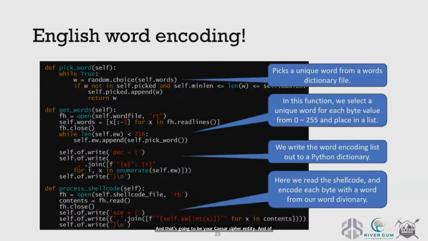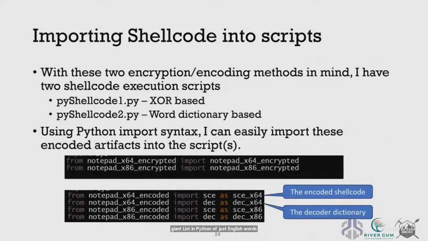And of course, they need to be 255 unique words. Then you need some sort of function, which I've called process shellcode here, that just opens the shellcode file, reads through, and byte by byte substitutes each byte value for one of the English words in the artifact. And then you end up getting this giant list in Python of just English words representing your shellcode.